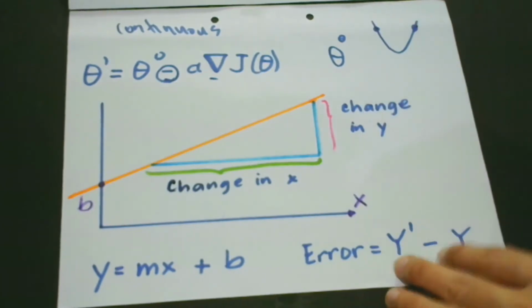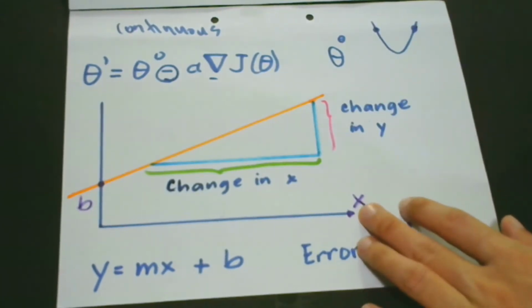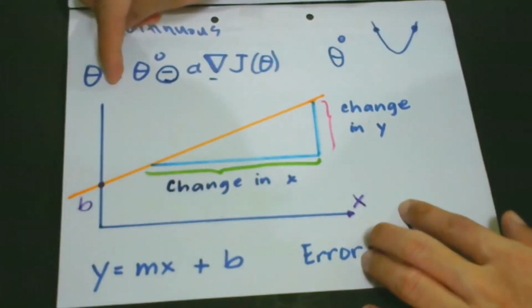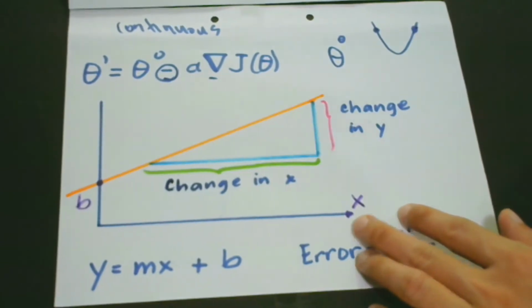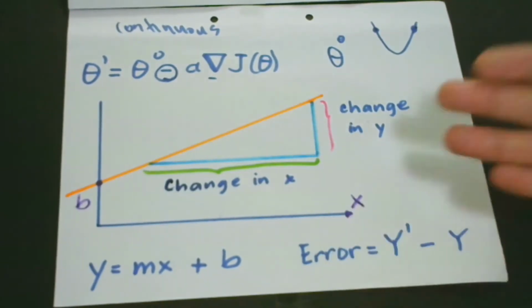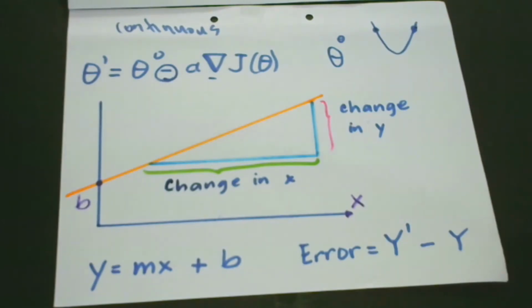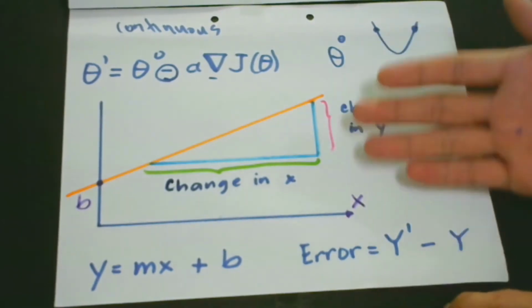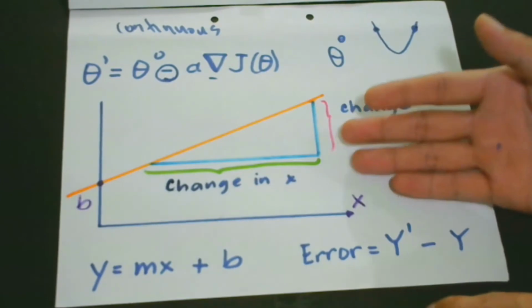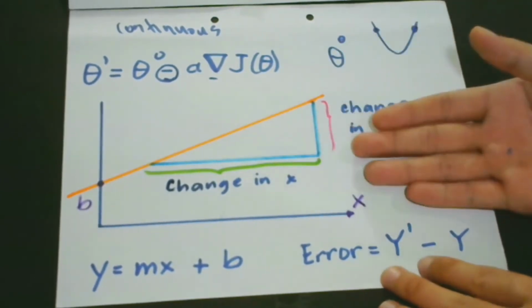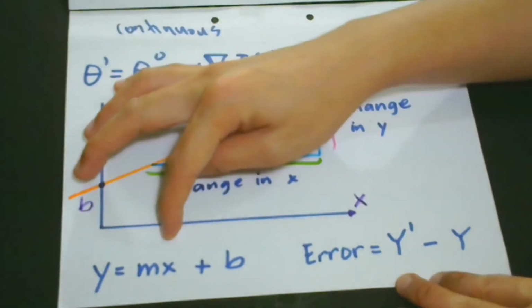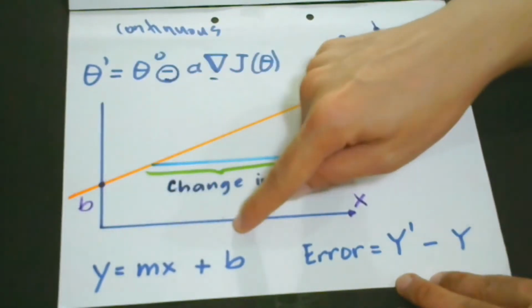Here the x-axis stands for the demographics of our customers, and the y-axis represents the revenue that we've got for, shall we say, a number of years. I believe that you already know that this illustration represents a simple linear regression with the equation y equals mx plus b.